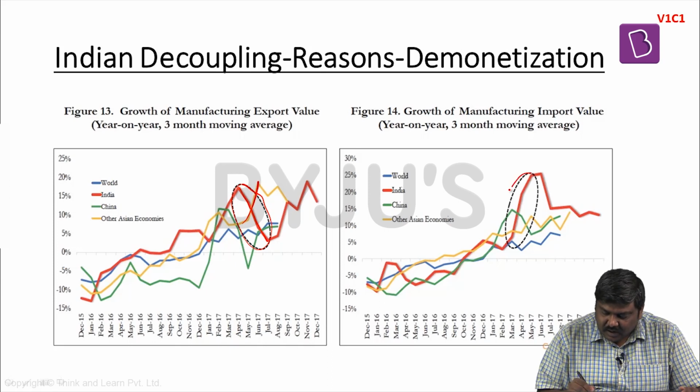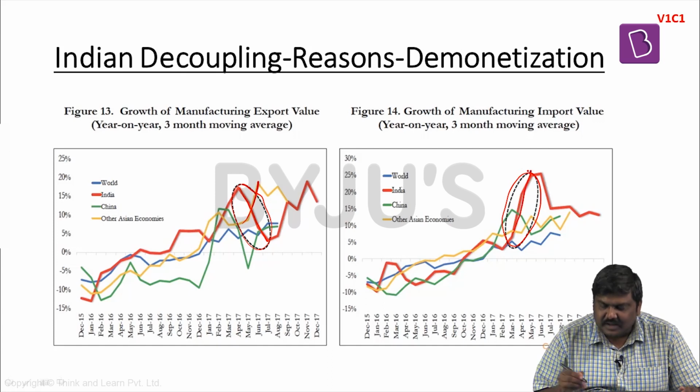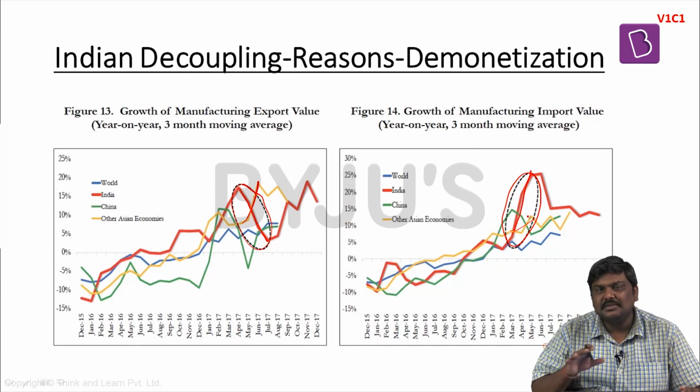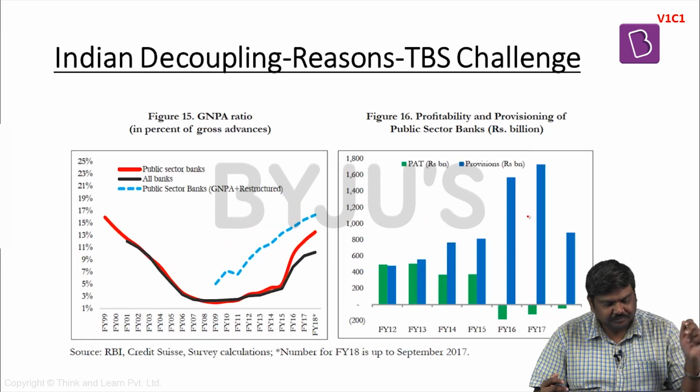And in this particular graph, that is the left side graph, you will see that imports into Indian economy have suddenly increased, whereas imports in various Asian economies have become subdued over a period of time. So basically, the demonetization as well as the GST had a huge impact and led to decrease in exports and increase in imports, which had an impact on the current account deficit.